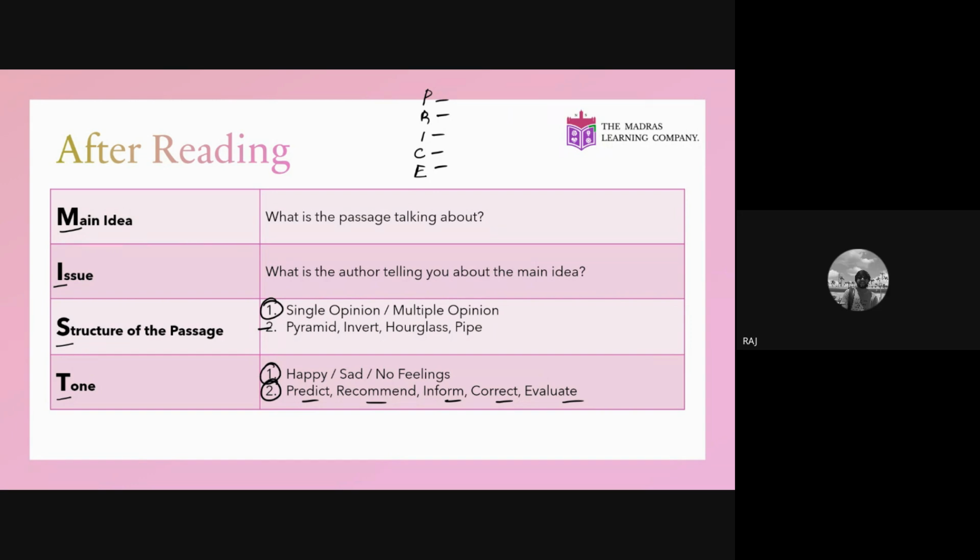No, but I'm just trying to understand one thing. I get the main idea and issue, but why do we need to understand tone? Because there are certain passages where they ask a direct question like, what was the author trying to do here? But what importance does understanding the structure of the passage hold?